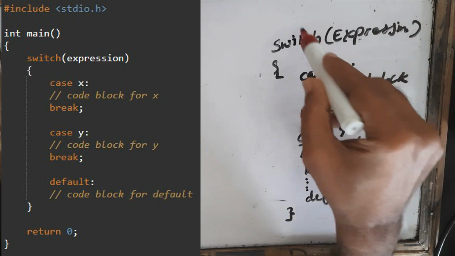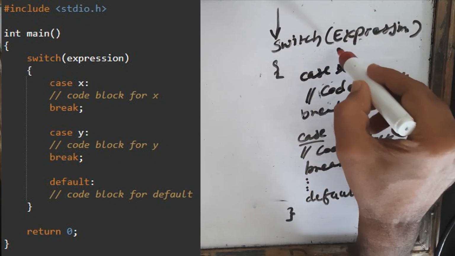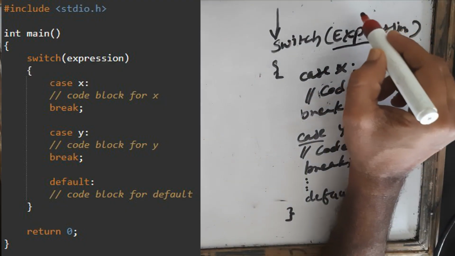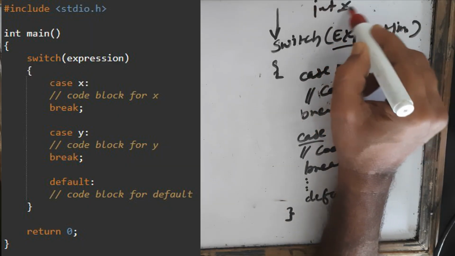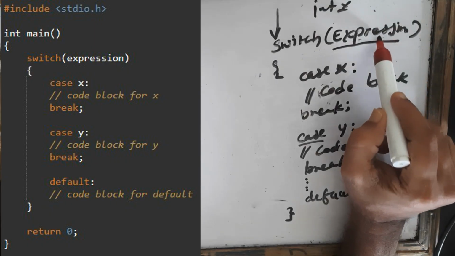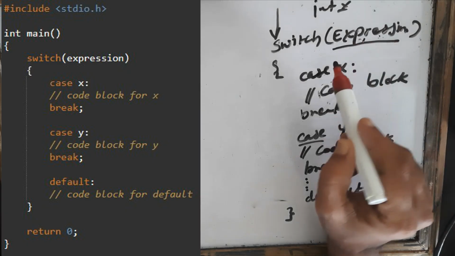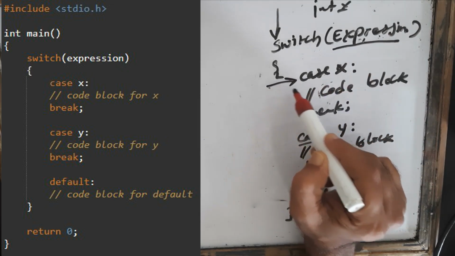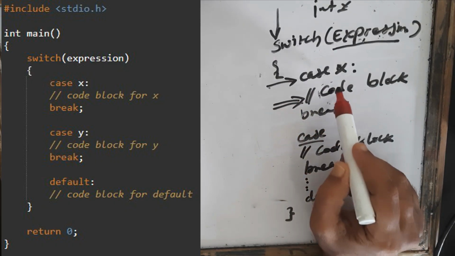So now whenever the controller comes here in the switch, it checks the expression. This can be an integer, say for example integer x. It can be an expression. So it checks the value of this expression, and based on this value, it will jump to a particular case. Say for example, if case is x, it jumps to case x and executes all the code blocks related to case x.